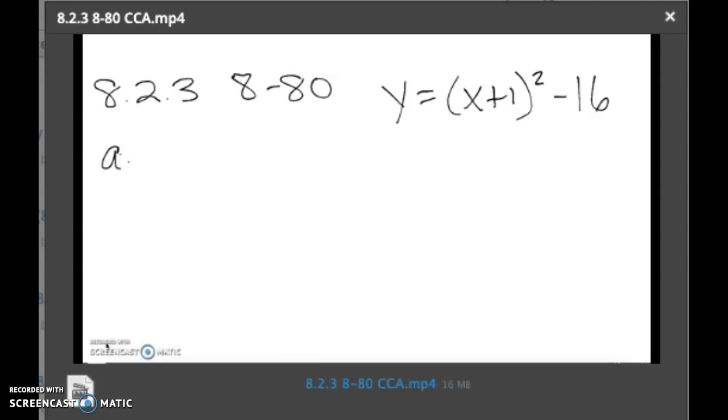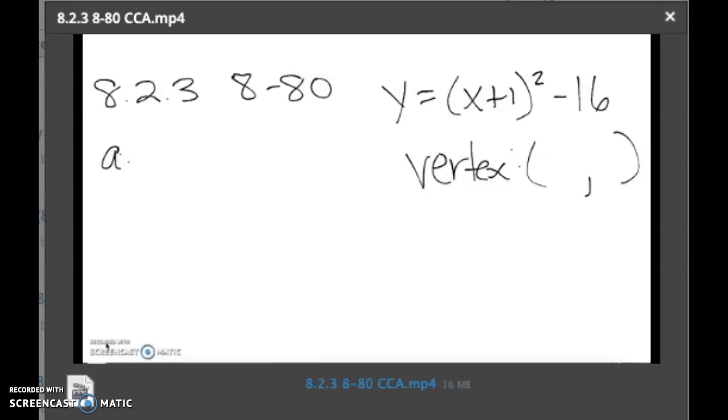When we do this both ways, the vertex we can very easily see right away because the equation is given to us in graphing form. So I can use what I know about that to quickly write down my vertex. Remember, the y-coordinate of my vertex is what I see at the end of my equation when it's given in graphing form.